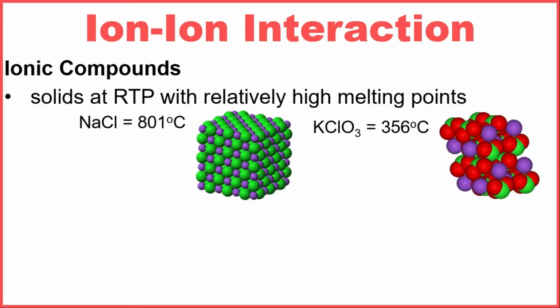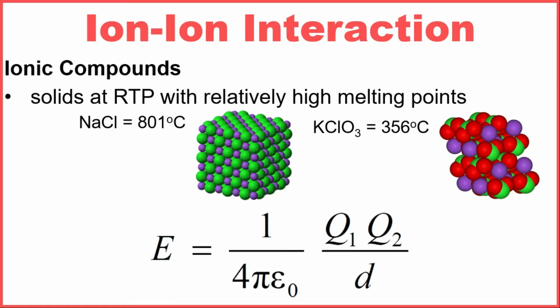From Coulomb's law, the product of the charges Q1 and Q2 in the numerator is always negative. That is why salts are always more stable than the isolated cations and anions. The distance d for ionic compounds is the sum of the ionic radii.